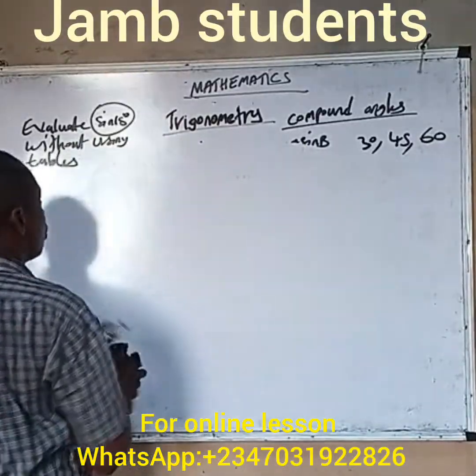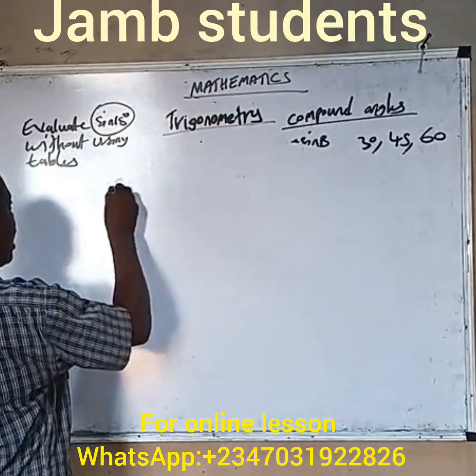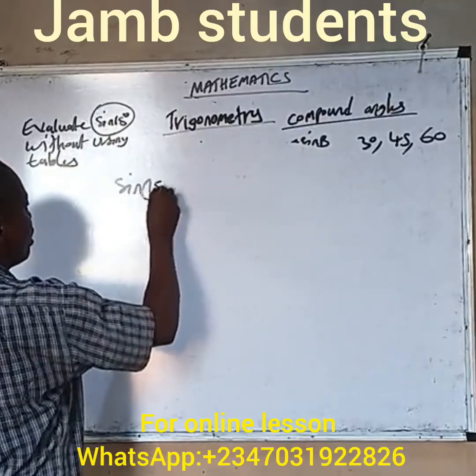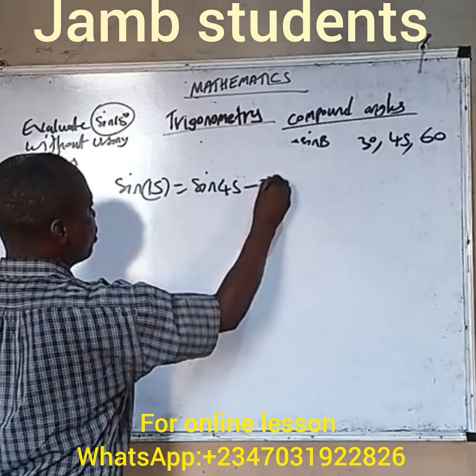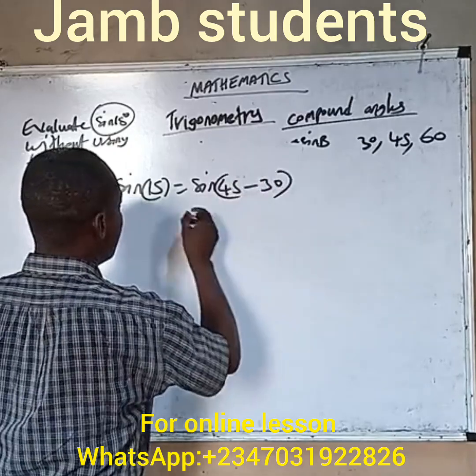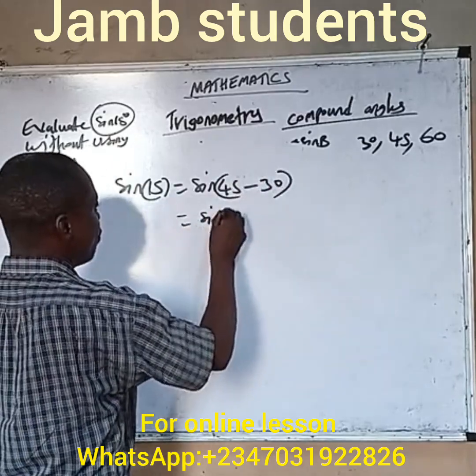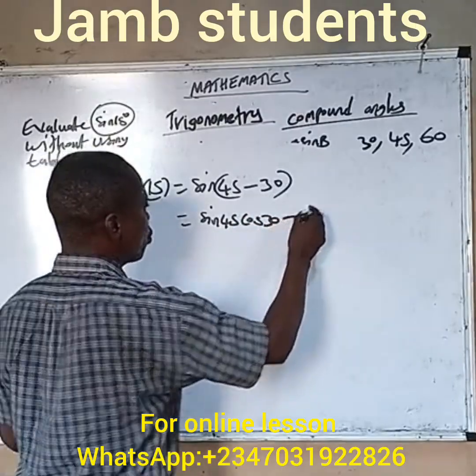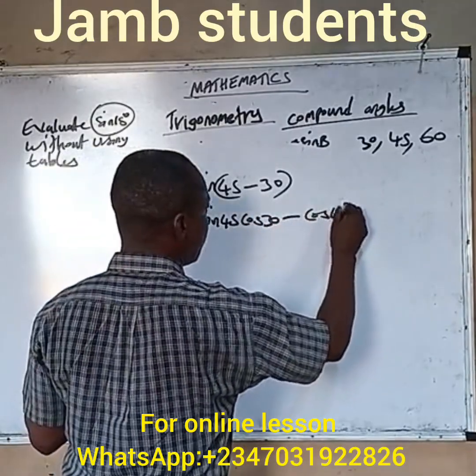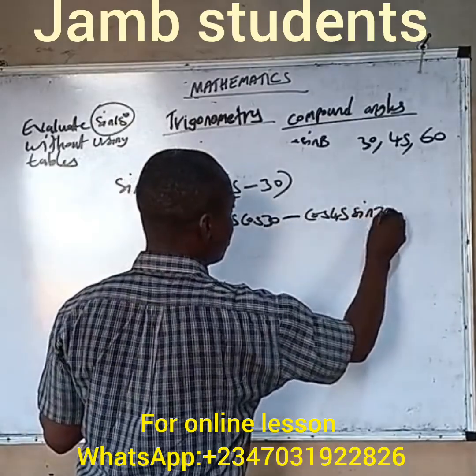All right. So sine 15 degree is equal to sine of 45 minus 30 degree. That is equal to sine 45 cos 30 minus cos 45 sine 30.